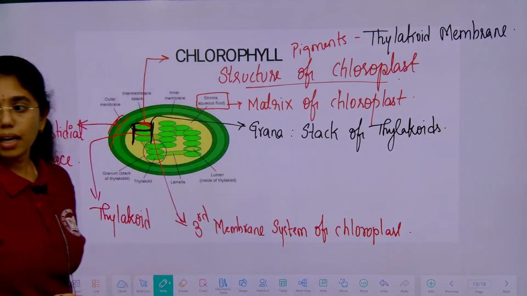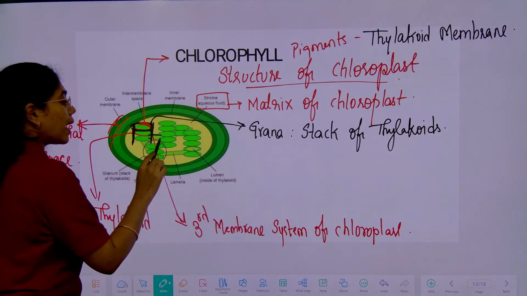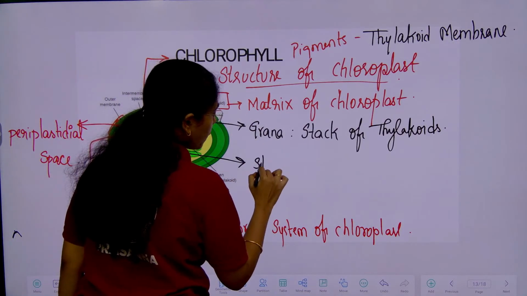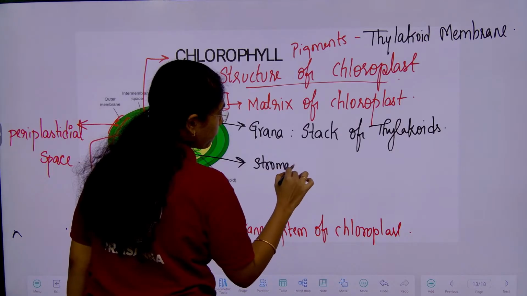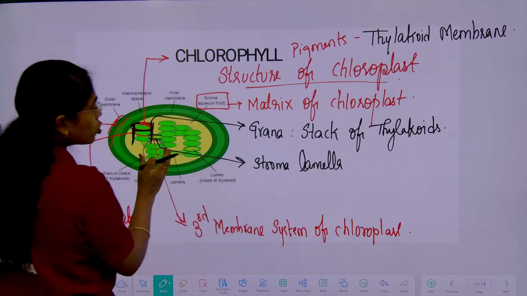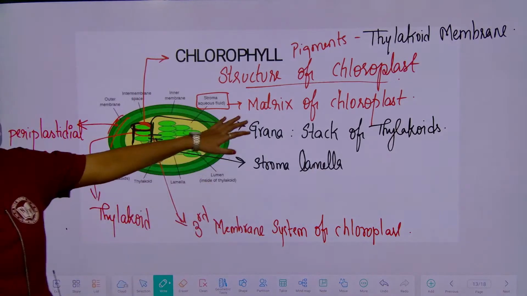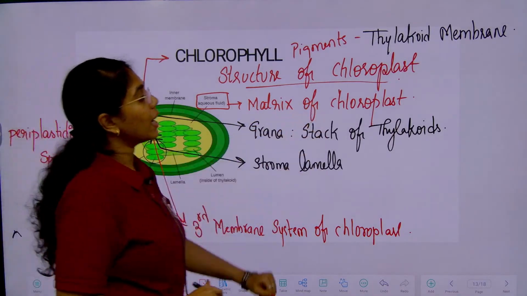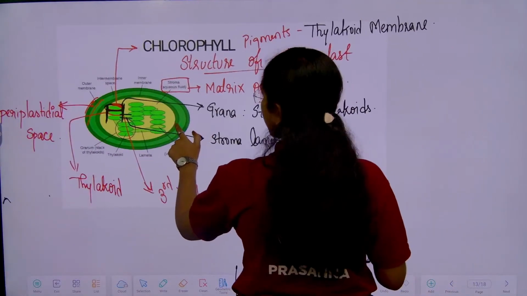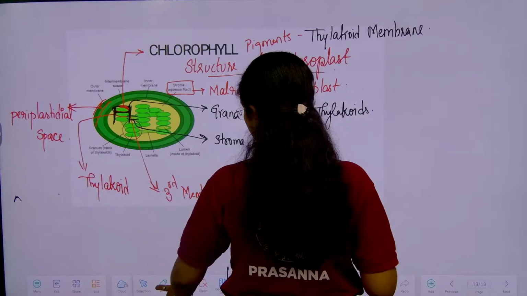One grana is connected to another grana by what? Stroma lamellae. And the stroma of the chloroplast, which is the matrix, right? Stroma consists of what? Stroma consists of double-stranded circular DNA.